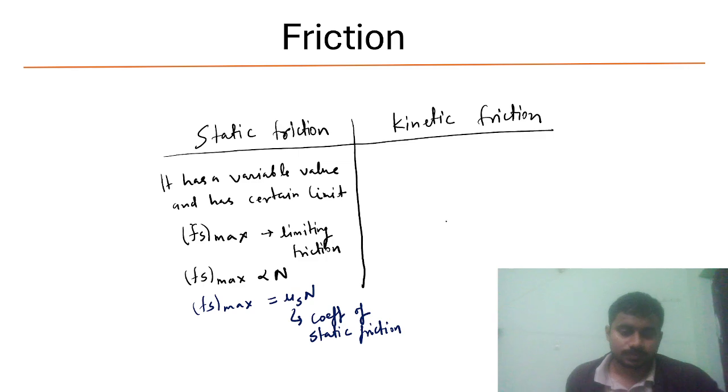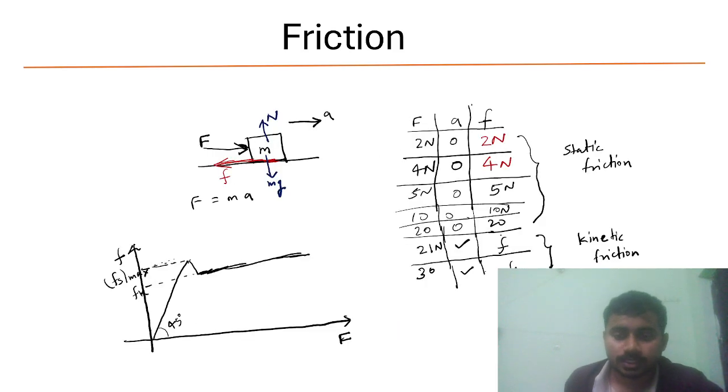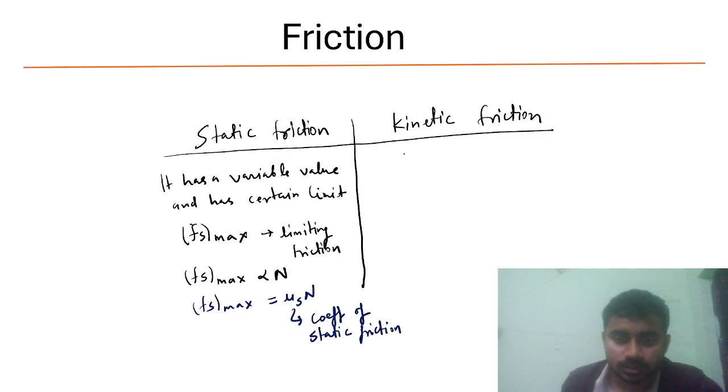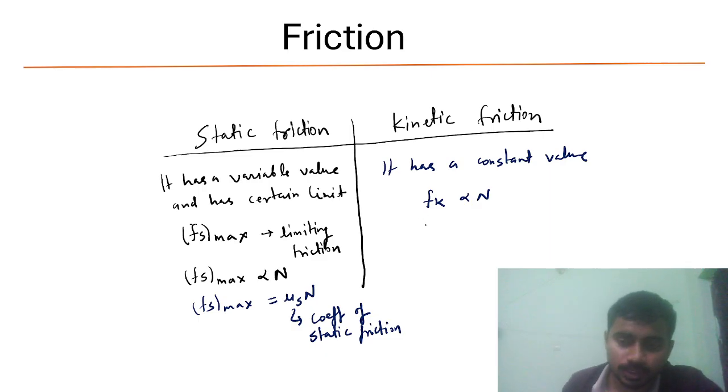Similarly, when we see kinetic friction, we have seen that kinetic friction has a fixed value. Its value is constant, not changing. Kinetic friction is denoted by Fk, and this is also directly proportional to the normal force between the body and the surface.